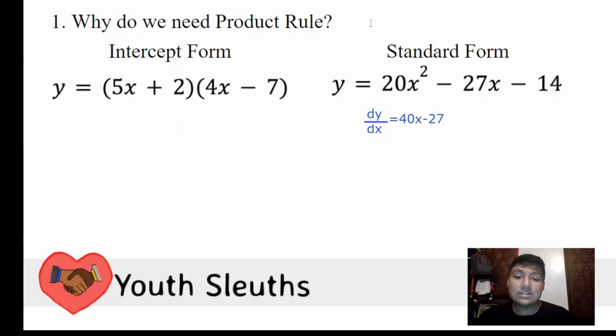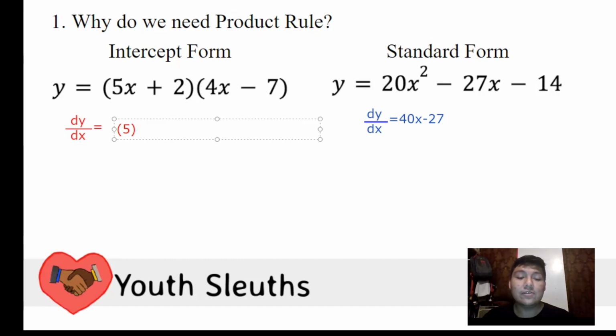Now, we'll first incorrectly derive the intercept form, just to prove that we need the product rule to find the correct derivative. So if we do that, we have that dy/dx equals 5, that would be the first derivative.